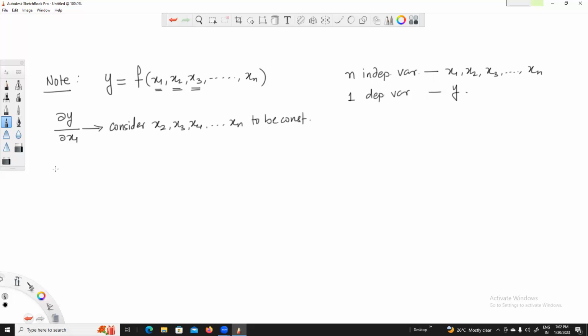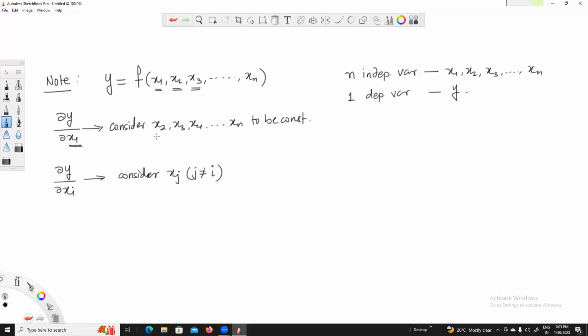So in general, if you want to differentiate your dependent variable y with respect to xi, consider the remaining variables, remaining means xj where j is not equal to i, because here if you see, you are differentiating with respect to x1.